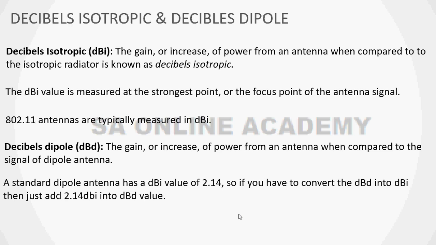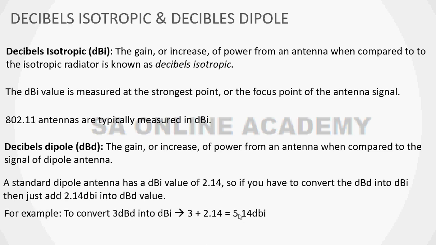So if you have a dipole antenna with 3 dBd or 2 dBd, you just add 2.14 to it and you will get dBi. It gets converted into dBi, and you can easily use it in your calculations and comparison, because dBi is majorly used.